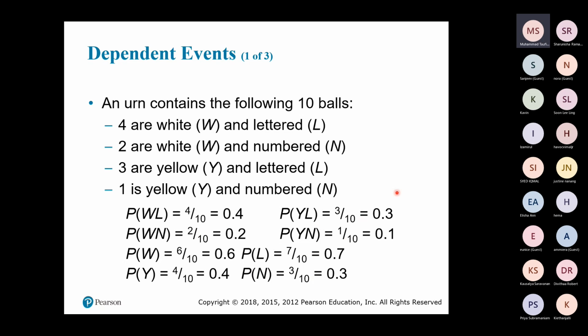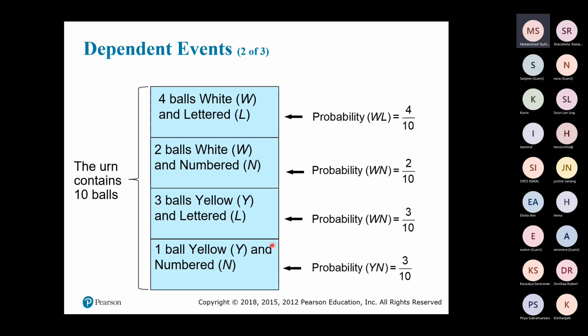This one is just a direct probability calculation. Now this one is just the figure. This figure simplifies the probability calculation we already did before. The probability of getting a white lettered ball is 4/10.